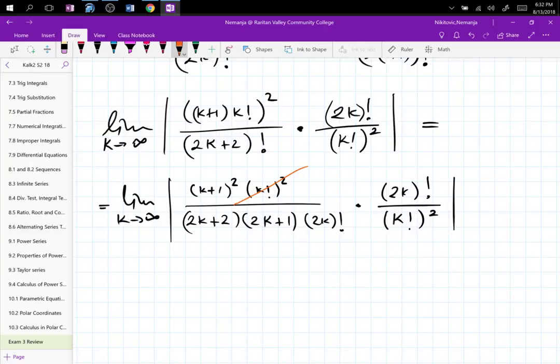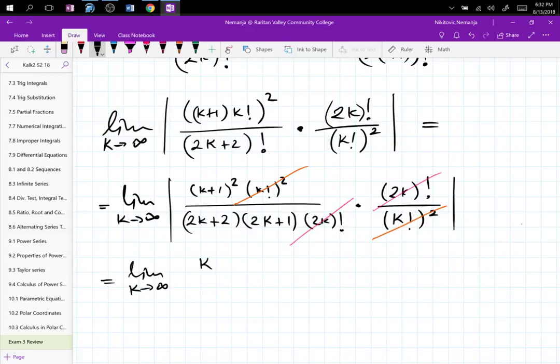So these two die and these two die, and we are left with the limit as k goes to infinity. I don't actually need the absolute value anymore because all terms are positive.